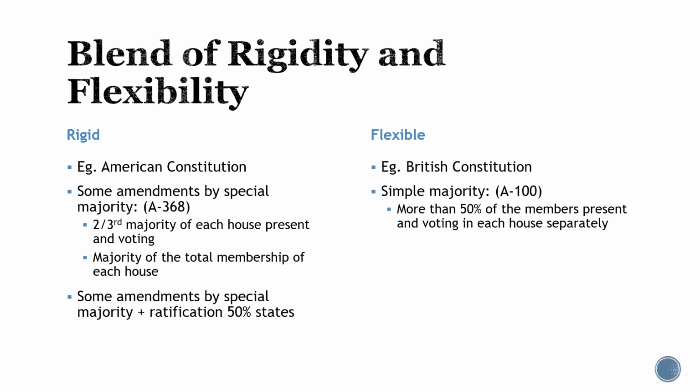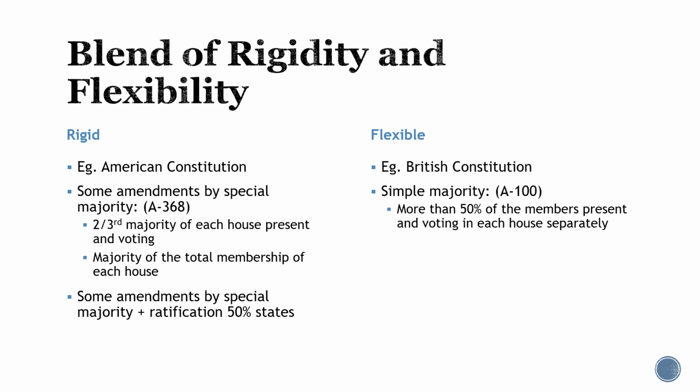It is also flexible in certain cases because some of the articles are very easily amendable by a simple majority. And to tell you, Article 368 covers the special majority and how to amend using that majority, but that simple majority is not covered by that.